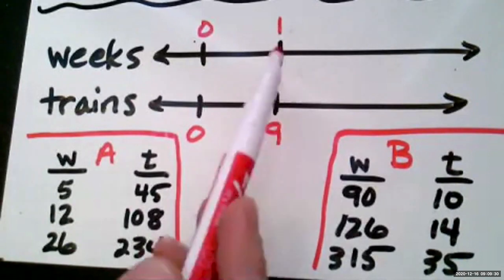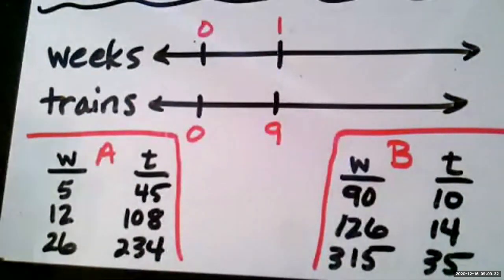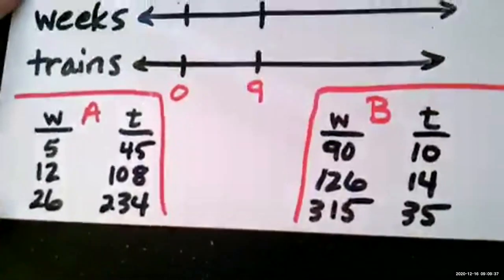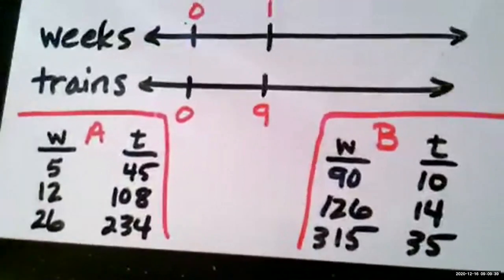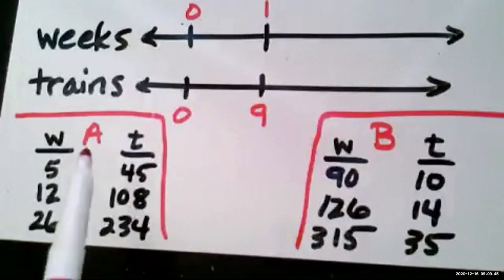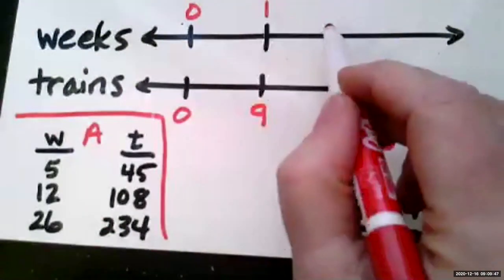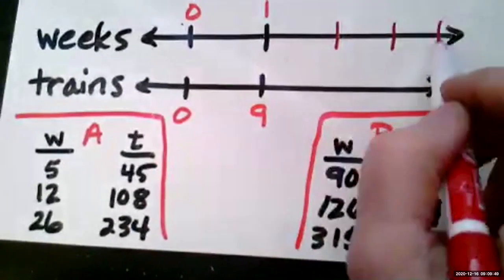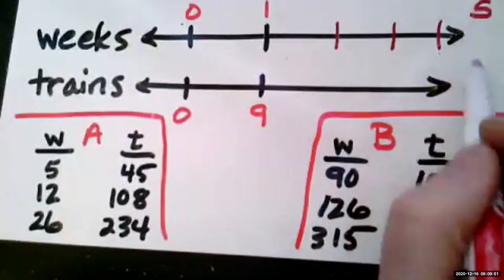He can build 9 trains in 1 week, okay? If that's the case, which one of these tables would you choose to match in this instance? If you kept filling out this number line and went all the way up to 5 weeks, how many?